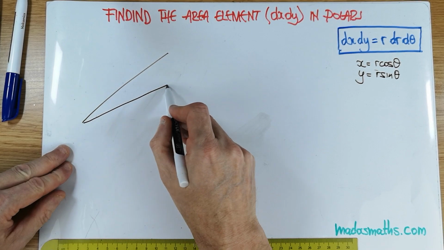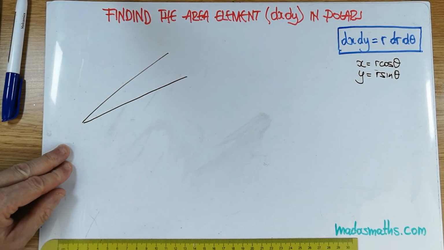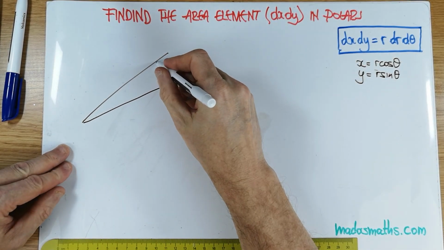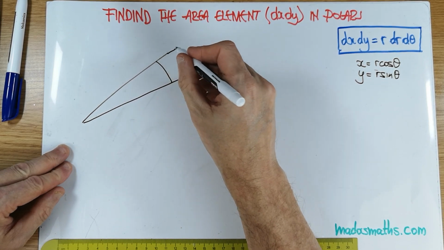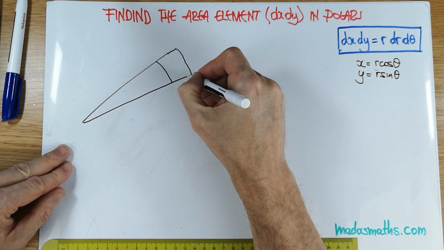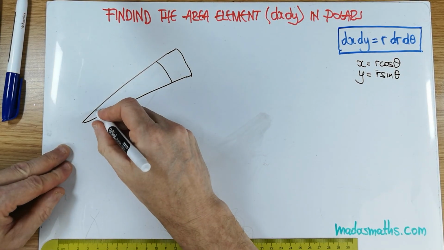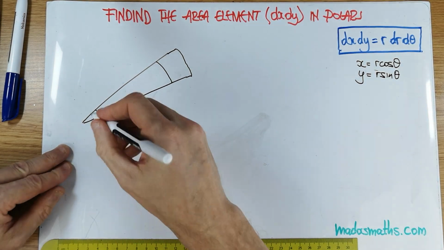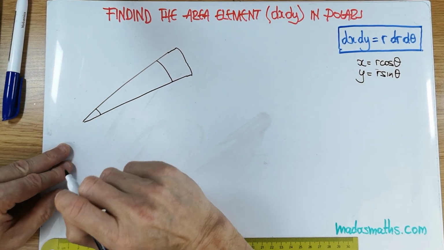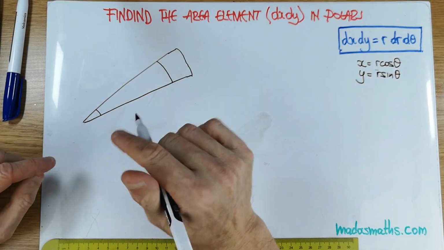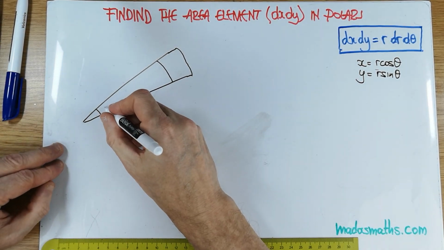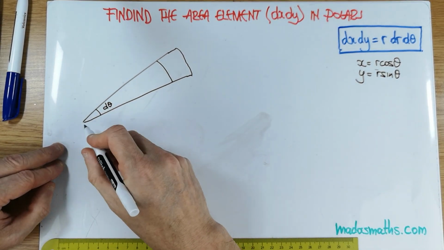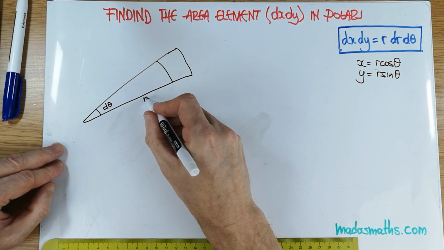So this is now the picture. We're in a polar system, and what we've got in here is of course an area element. So this is now going to be a very small angle. I want to be sloppy. I'm not going to write delta theta or take limits or anything like that. I'm going to jump straight into d theta. This is going to be r.